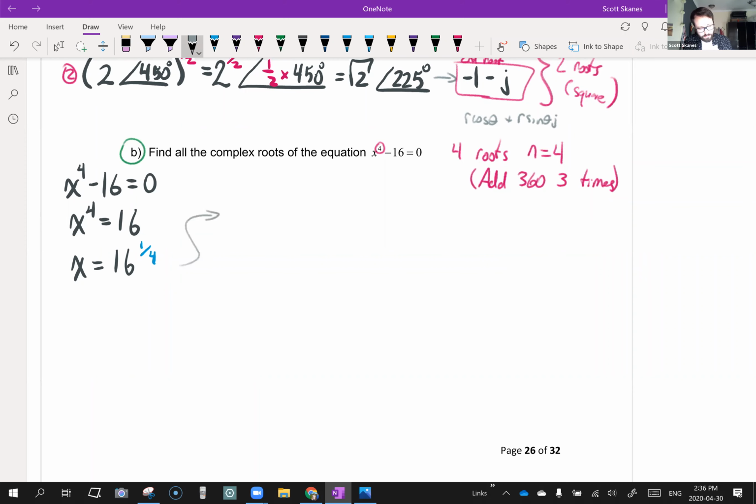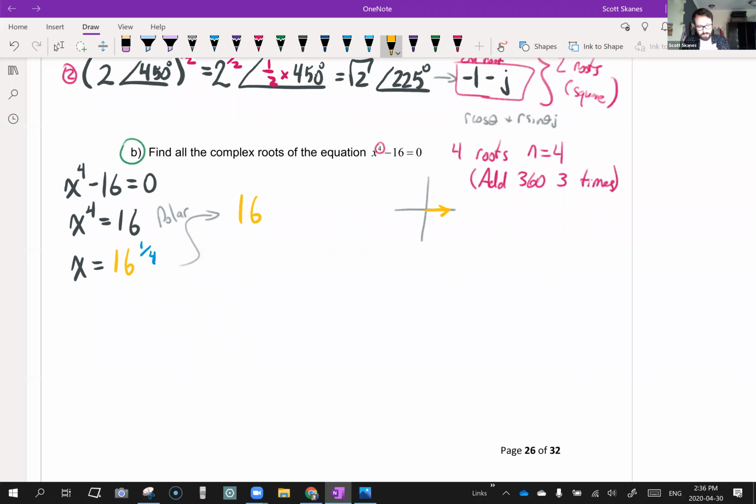So we're going to get it in polar form. I can make a little sketch here. What is 16? I'm just looking at the 16 here. What is this 16 in polar form? Angle 0? Absolutely. It looks like this. That's our 16, angle 0.